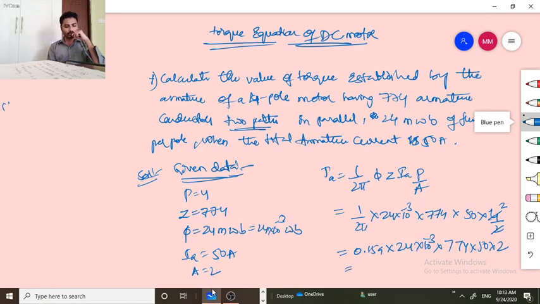So you'll get 295.36 Newton meter. So in this way you can calculate this kind of problems. So this is based on the torque equation, on DC motors.